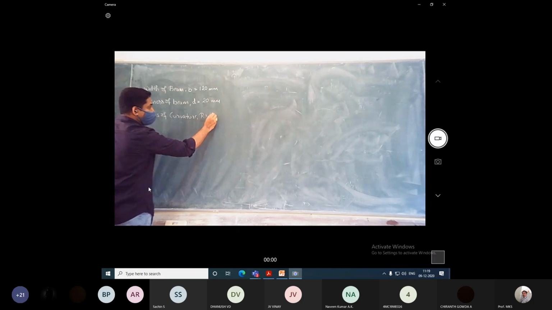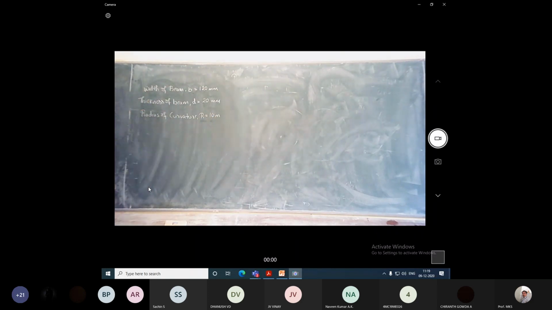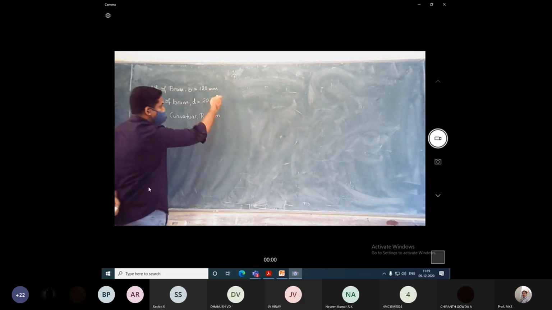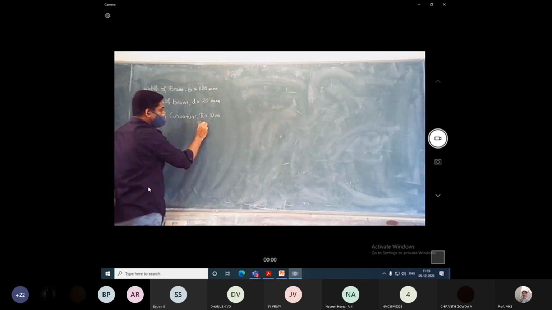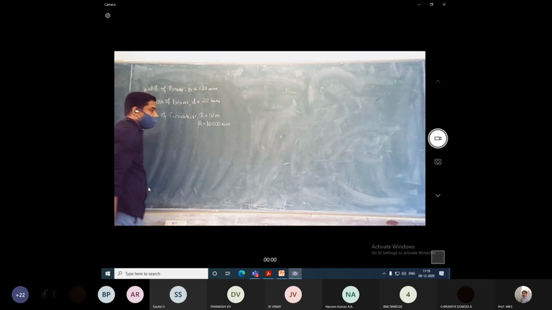How much? 10 meters. It is in meters. We convert this to mm, so keep all the units in a single unit. So R is 10 into 1000, so it is 10,000 mm.